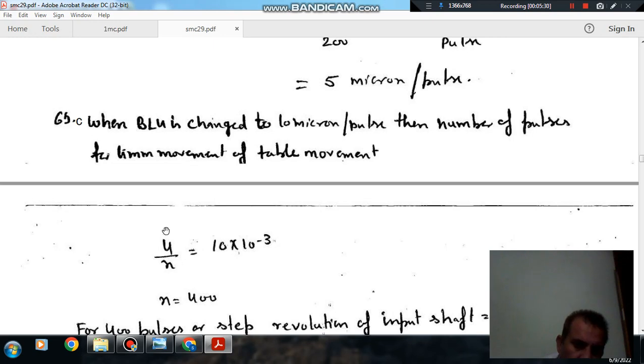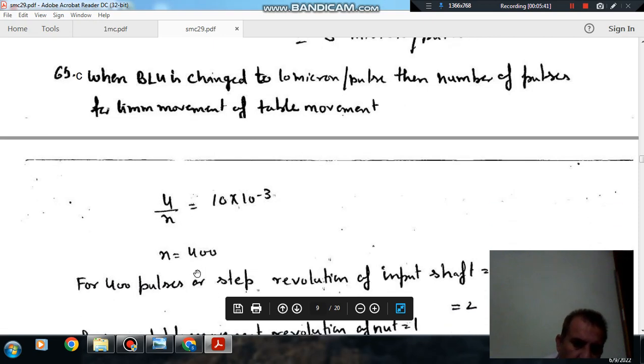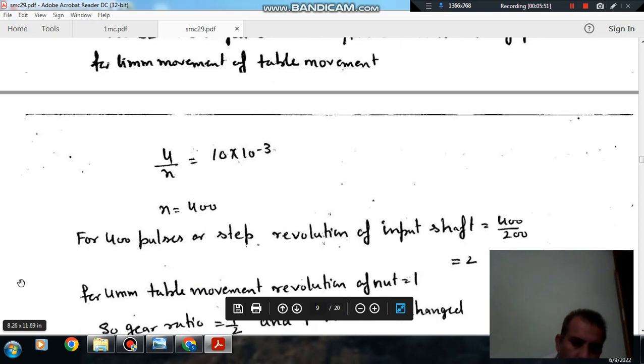So the movement of the table is 4 and the number of pulses is x, so 4 by x is equal to 10 micron, that is 10 into 10 to the power minus 3 mm. So the number of pulses will be 400.